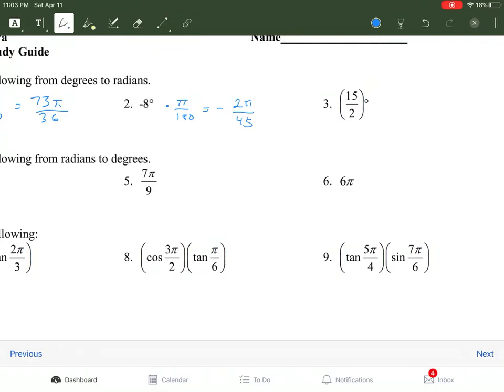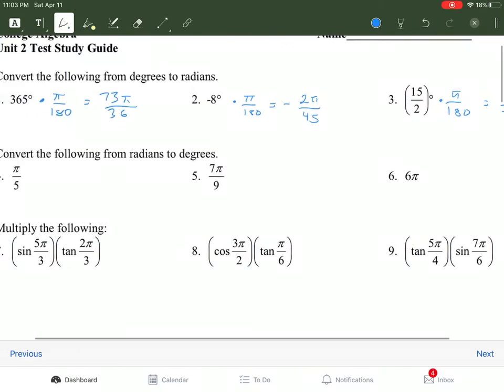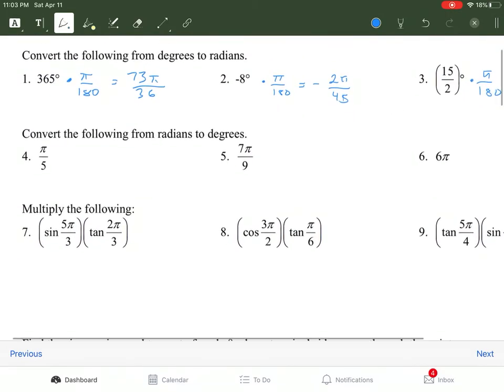And lastly, you have 15 divided by 2 times pi over 180. If you get your fraction, you will get pi over 24. And those are going to be your radians.